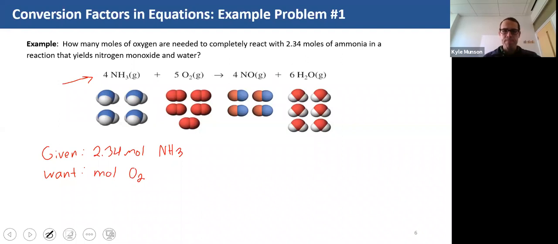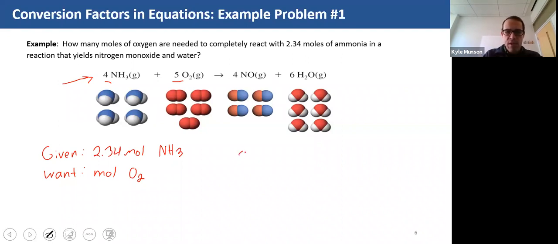And if I want to convert here, I can look at my ratio or conversion factor, however you want to think about it, it comes from here. So I know that there are 5 moles of oxygen for every 4 moles of ammonia. That's the way I'm going to convert between one thing and another.